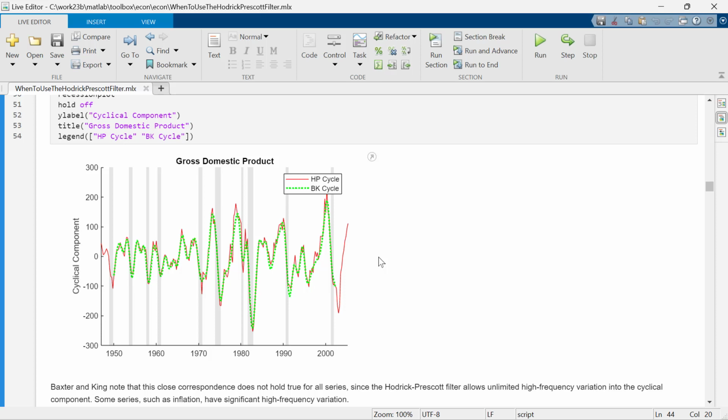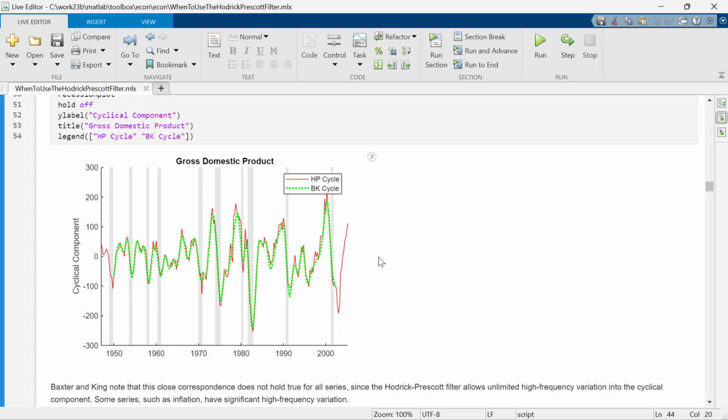And Baxter and King noted this, that even though their very specific notion of business cycle was different than that of Hodrick and Prescott, for many macroeconomic time series they produce remarkably similar results.